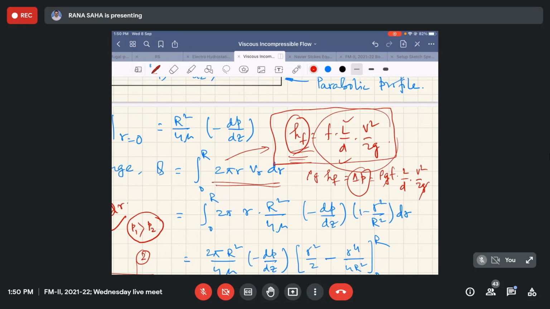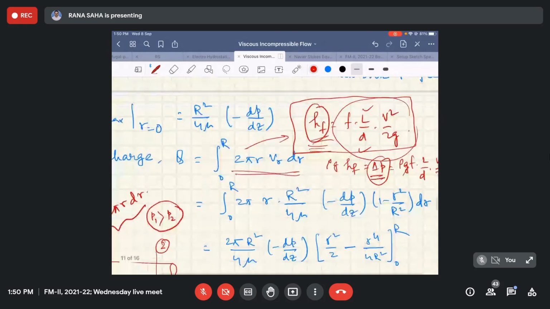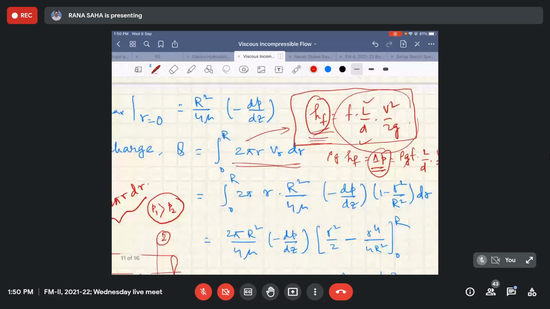If you multiply with the specific weight, rho G, you get it in pressure form. And that is actually the pressure drop delta P. So we are writing it in that way. So delta P is actually my P2 minus P1. Right? Convinced?